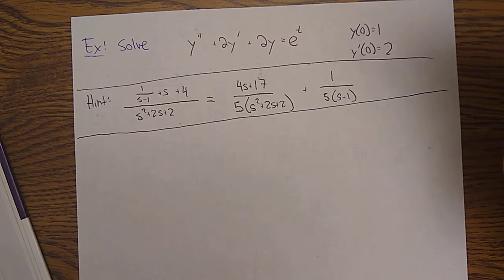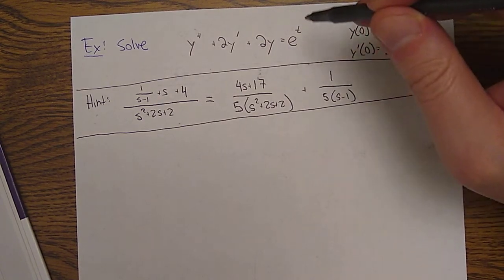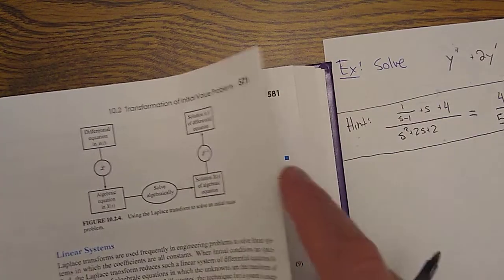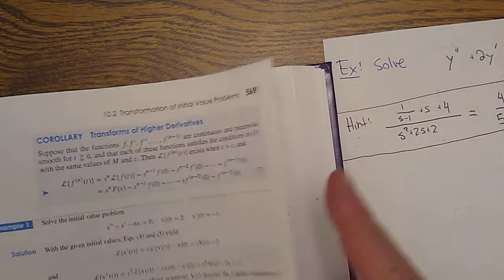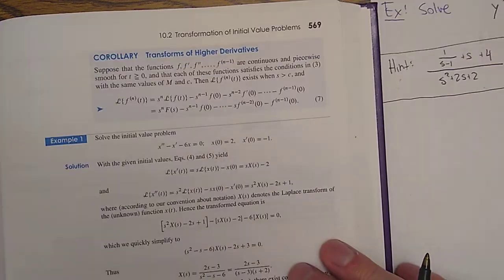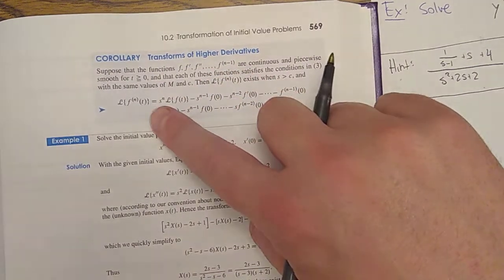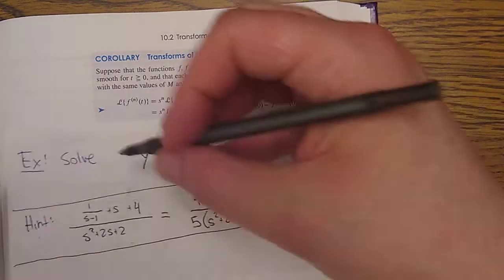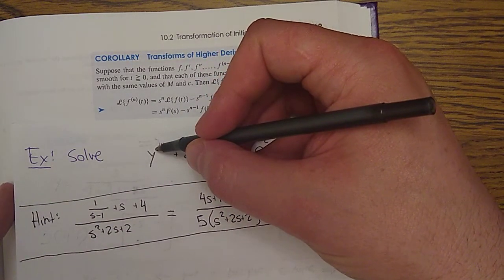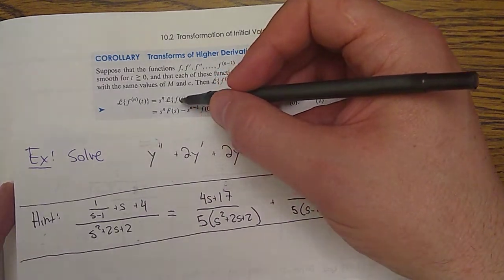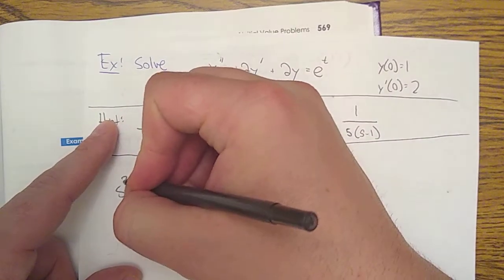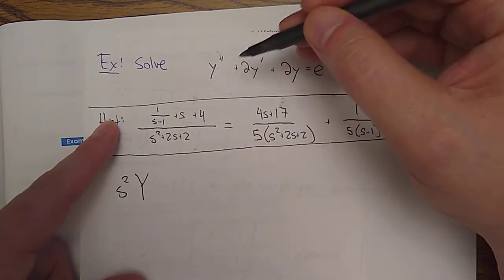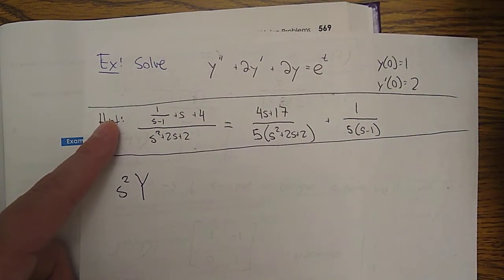Anyway, let's solve this. I'm going to do the Laplace transform of both sides. To do this, you have to remember, or once again, because this is open book, just look it up, this. So what's the Laplace transform of y double prime? It's going to be s squared times the Laplace transform of y, and I just use a capital Y for the Laplace transform of little y.